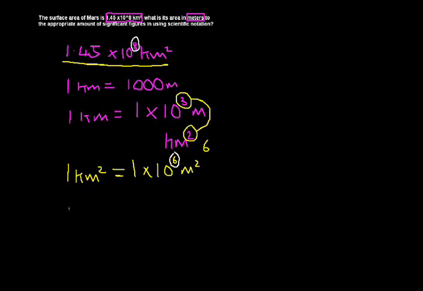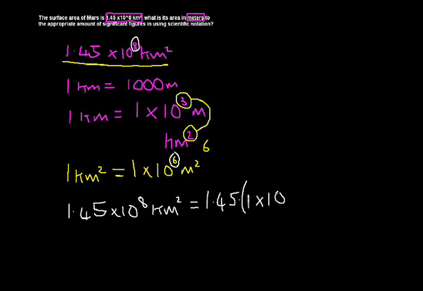So 1.45 times 10 to the 8 kilometers squared equals 1.45, if I just write it out how I was writing it out before, times, that little dot means times, 1 times 10 to the 14.